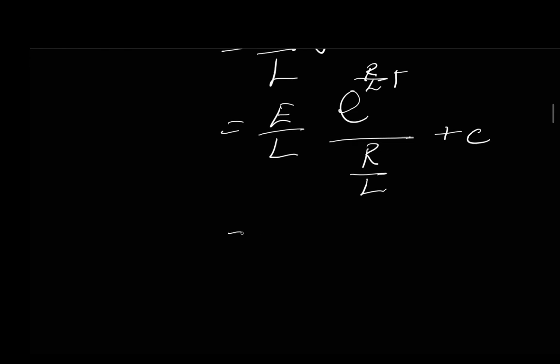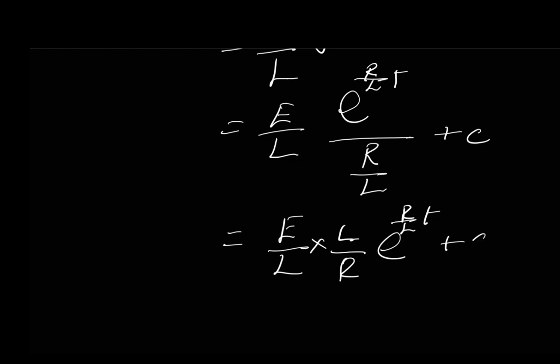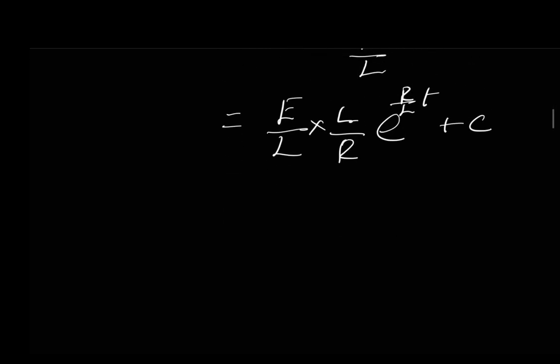So you get (E/L) into (L/R) e^((R/L)t) + c. L gets cancelled, so E/R e^((R/L)t) + c.